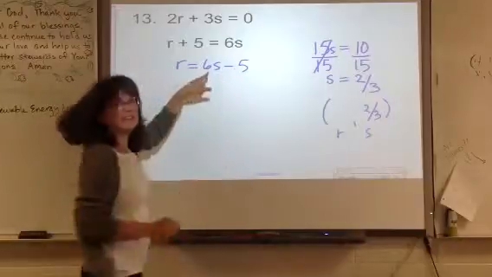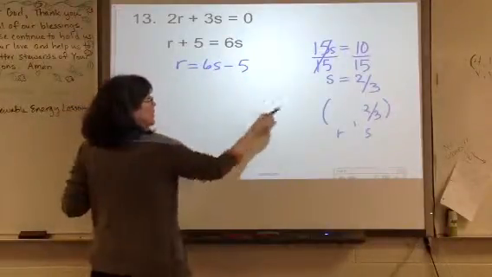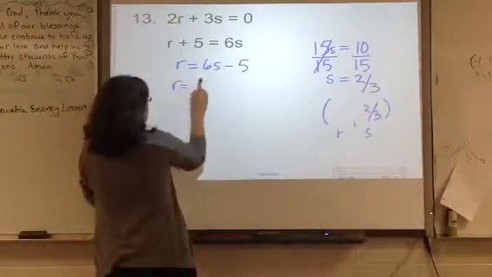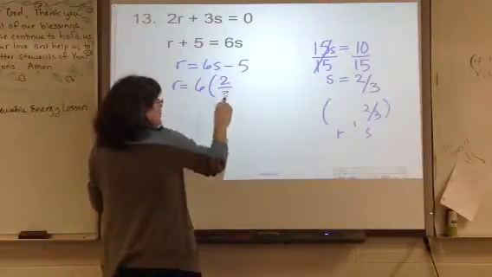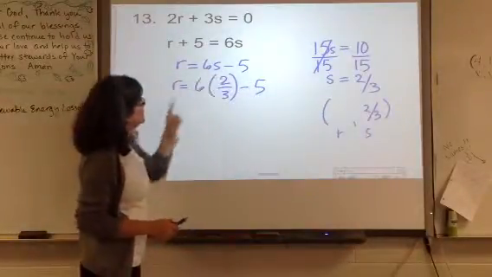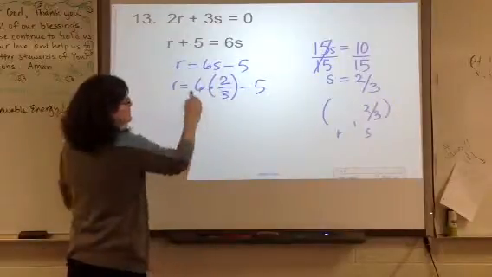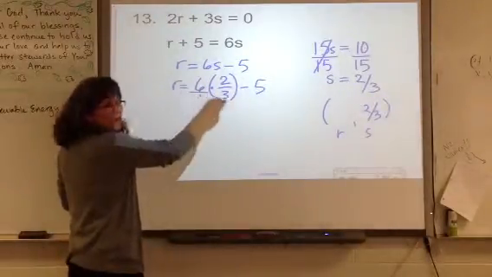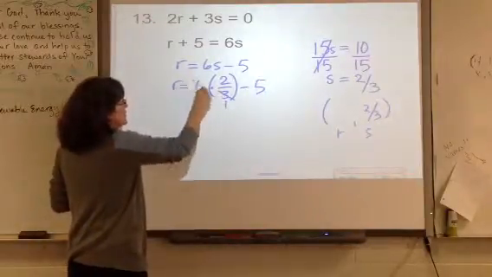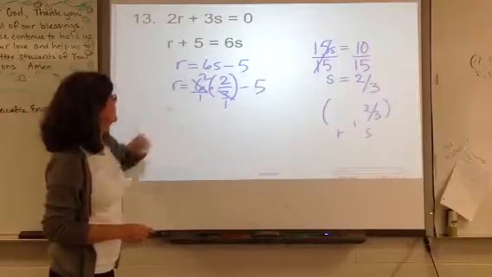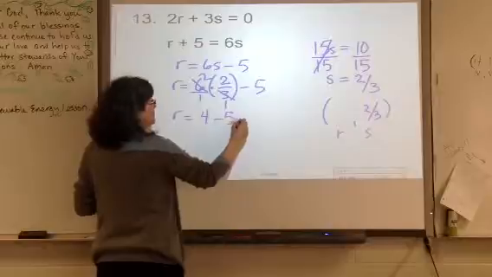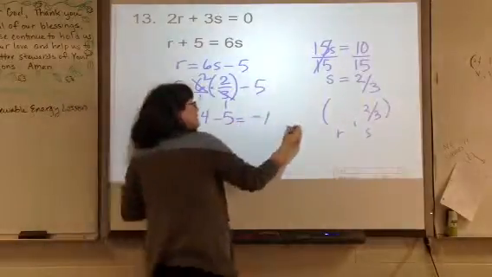A little easier. I'm going to put my 2/3, which is s, where the s is. So r equals 6 times 2/3 minus 5. Then I multiply. I can reduce right now. 3 goes in 3 once, 3 goes in 6 twice. 2 times 2 is 4, and 4 minus 5 is negative 1.